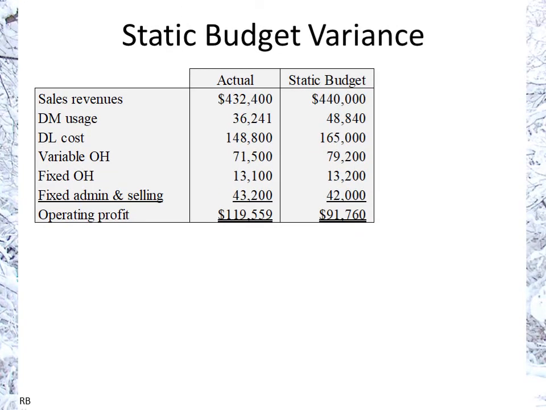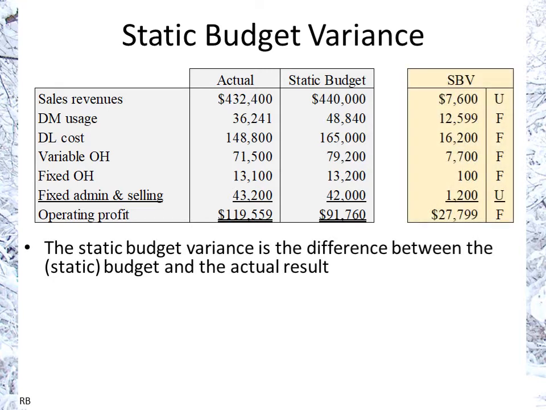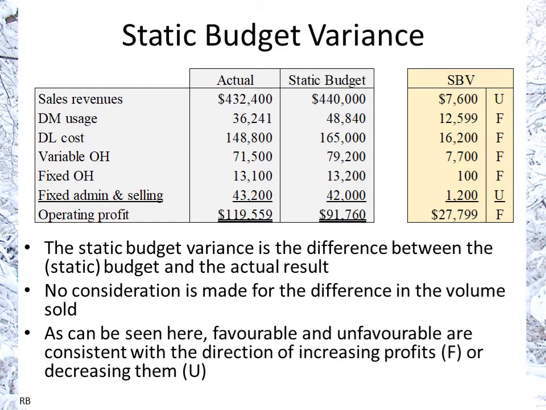The static budget variance is just the difference between the actual and the static budget. So here we have no consideration for the volume of units sold or manufactured, as the case may be. Here, the unfavorable and favorable signs are consistent with the direction of increasing profits for favorable or decreasing profits for unfavorable.